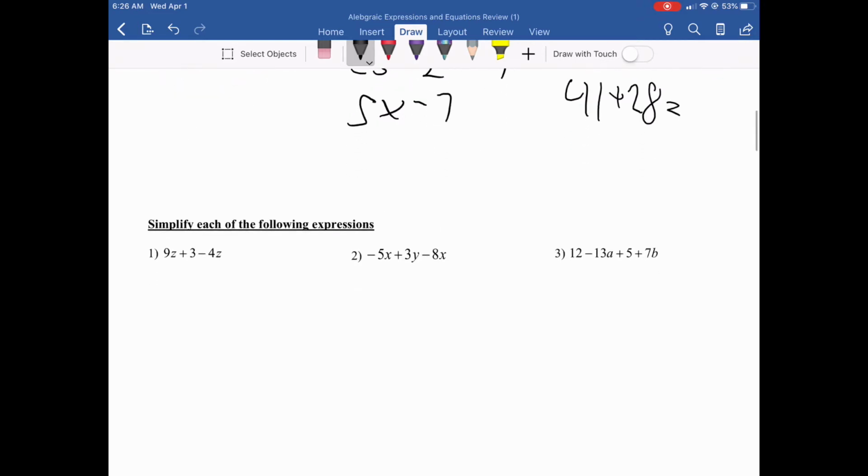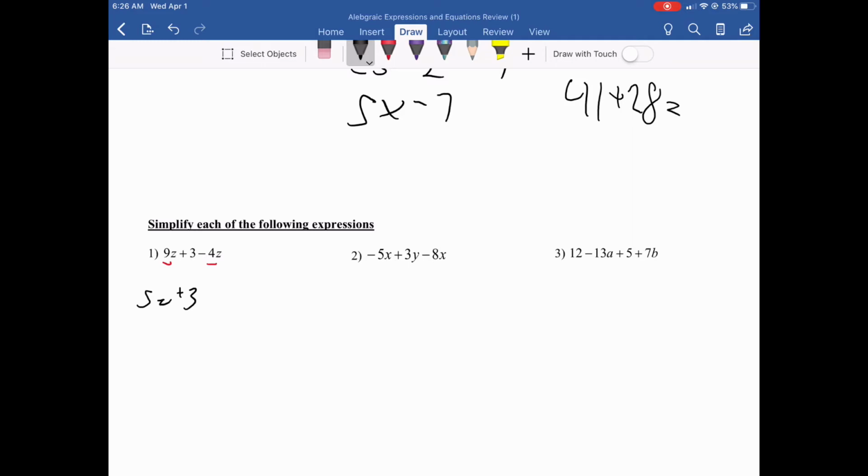Next, we have simplifying expressions. So we're going to look for the like terms. We have z's. So 9z take away 4z equals 5z. Don't forget the sign. Plus 3.